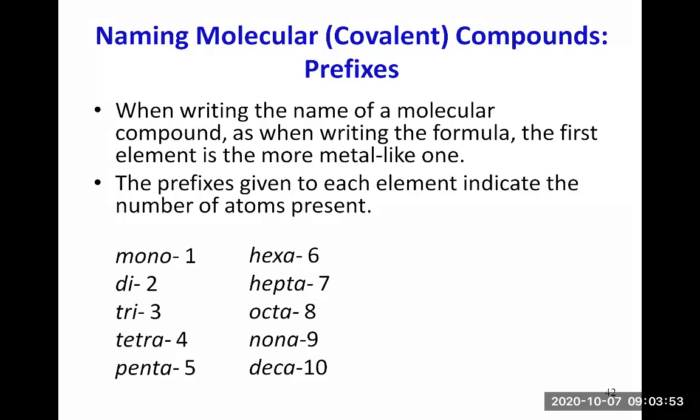So these are the main prefixes that we will use. There are rarely more than 10 atoms in a formula. So you need to remember them, or I will provide them if necessary when a quiz or exam comes.